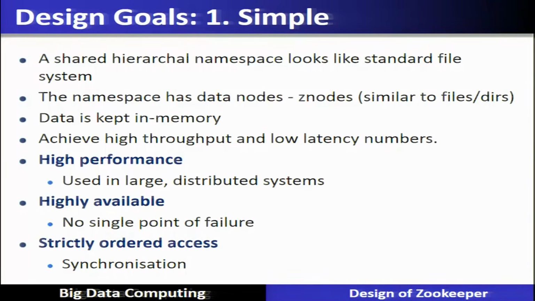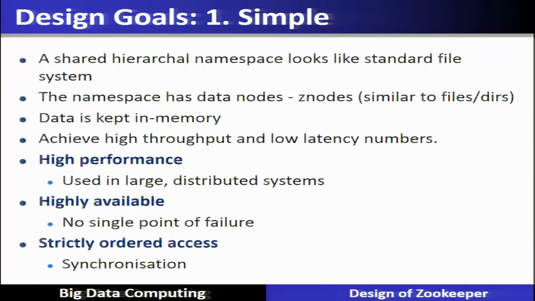So, the first design goal of Zookeeper is simplicity. It has a shared hierarchical namespace which looks like a standard Unix file system. The namespace has data nodes, and these data nodes are known as Znodes, which differentiates them from other types of data node usage.